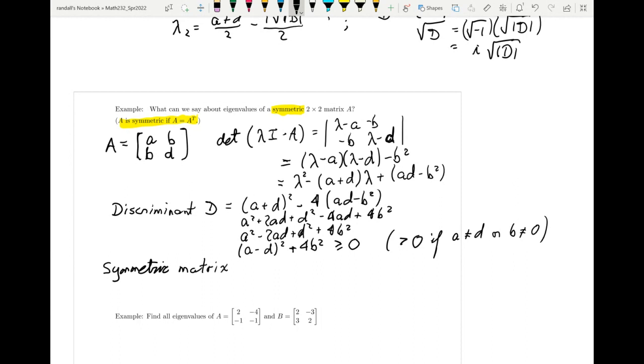I should make this correction: it's strictly bigger than 0 unless both of these cases are false, since if both were false, the discriminant would be 0.